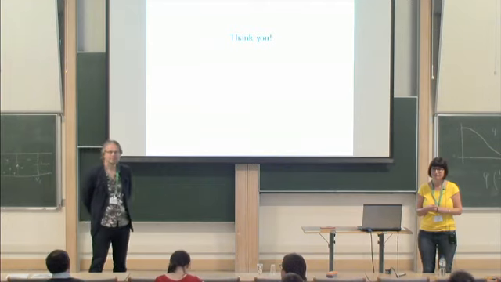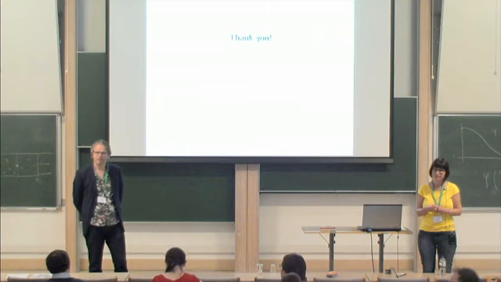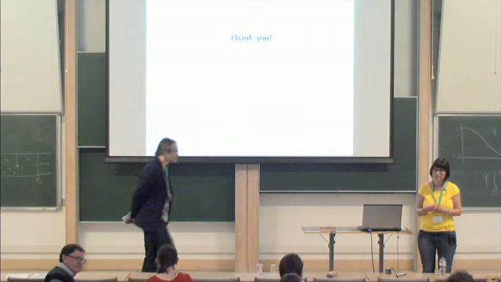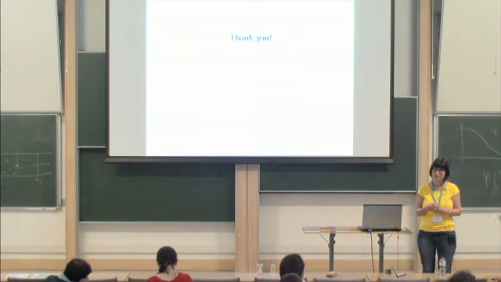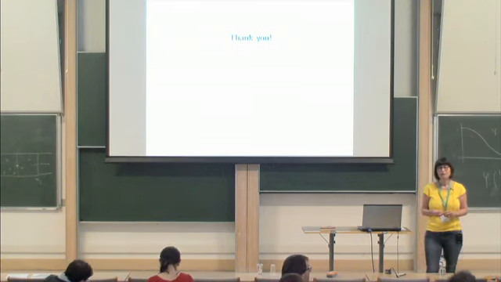I was wondering, have you also thought of, or is there a relation between this and the so-called respondent-driven sampling, where you try to infiltrate hidden populations? Yeah, not that I directly see.